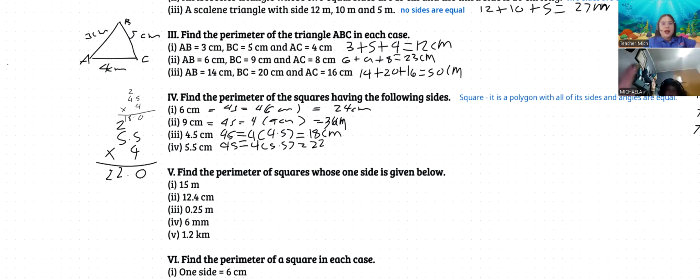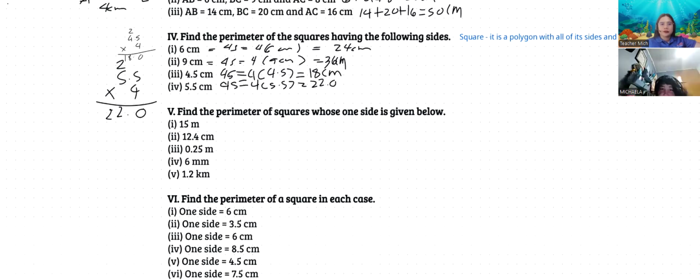All right. How about 22 what, anak? Do you still need to write point zero there? No. Okay. What is our unit? Very good, centimeter. How about for test 5, number 1?